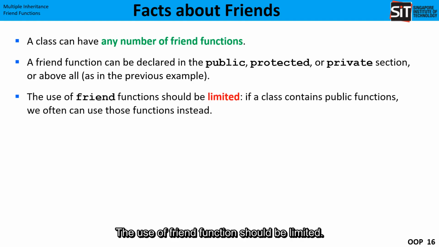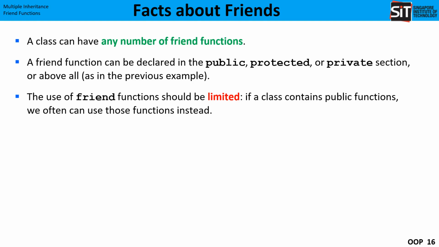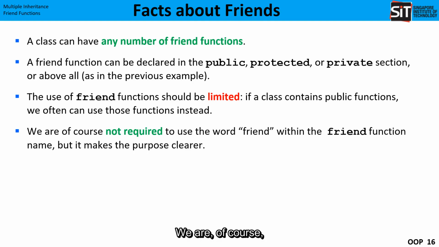The use of friend function should be limited. If a class contains public functions, we often use those functions instead. We, of course, are not required to use the word friend within the friend function name, but it makes the purpose clearer.